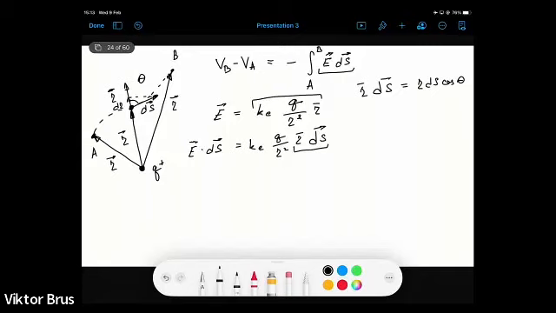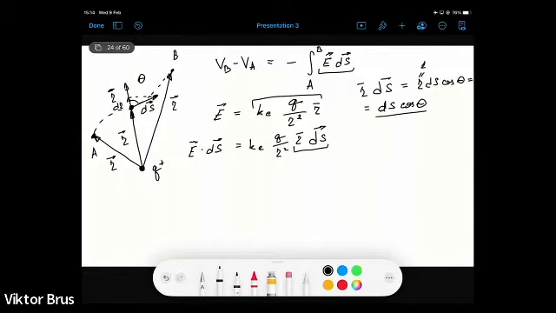Taking into account that the unit vector magnitude is unity, we can write that the scalar product of unit vector R times displacement vector will be equal just to ds, the magnitude of the displacement vector, times cosine theta.